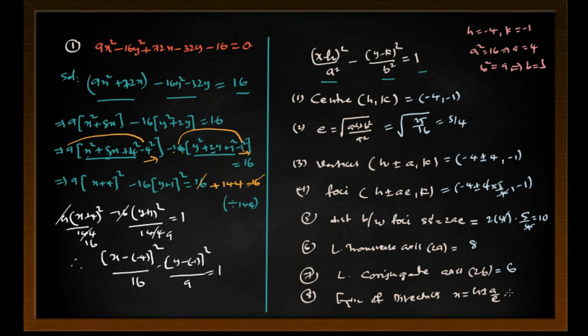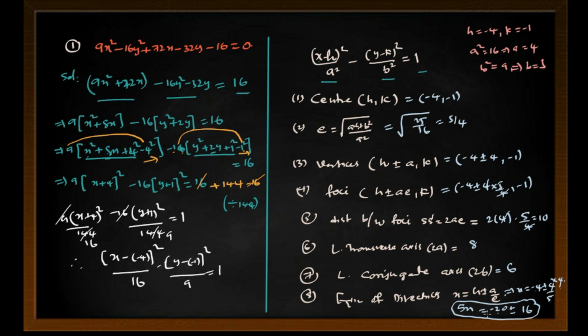And equation of directrix: x equals to h, that is minus 4, plus or minus a by e, a is 4, e is 5 by 4. So 5 into x, 5x, 5 4s are minus 20, and plus or minus 4 4s are 16. We can write further minus 20 minus 16 as minus 36, and minus 20 plus 16 as minus 4.